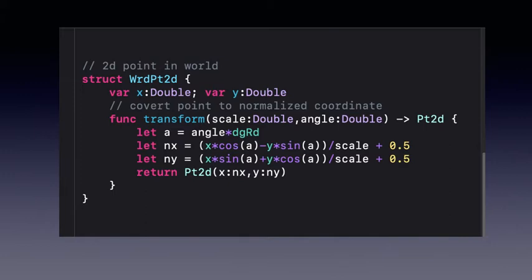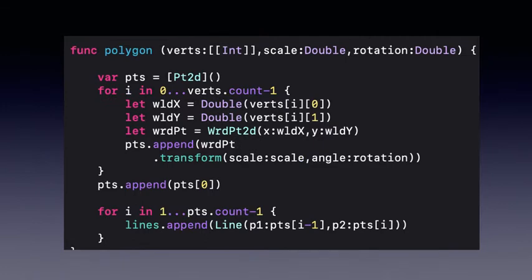Let's go on to the polygon function. As indicated earlier, the polygon function takes 3 parameters. There's a 2-dimensional array which represents the vertices. There's a scale factor and there's a rotation angle. Now the first thing that happens is there's the creation of an empty array of P2TD points, normalized points.